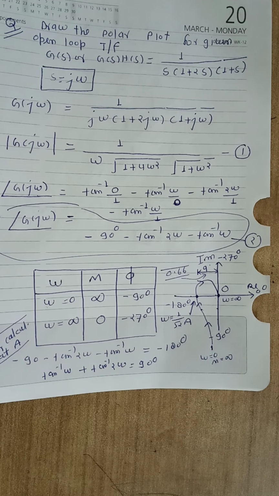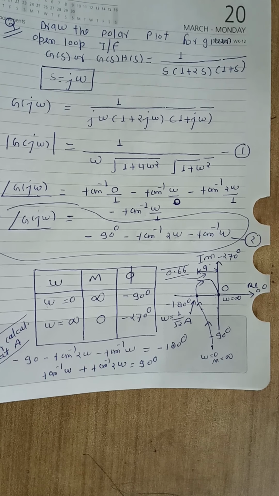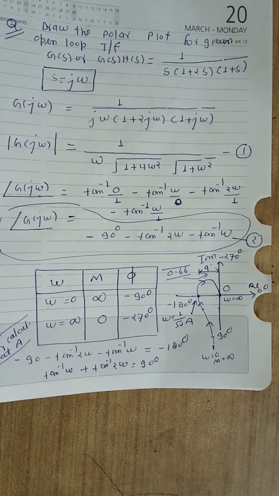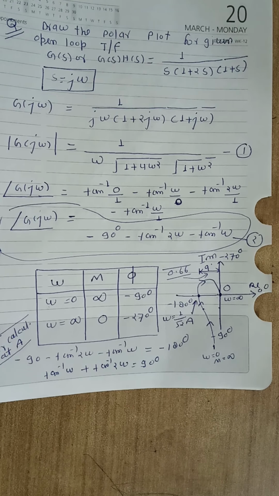So that's why to overcome this limitation we consider a Nyquist plot. Here I am not going for the numerical for calculating the stability using polar plot. We will cover numerical in the next video class, because we can calculate stability from polar plot according to gain margin and phase margin.